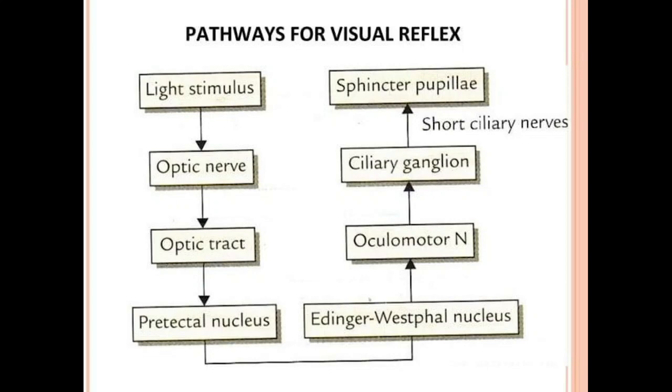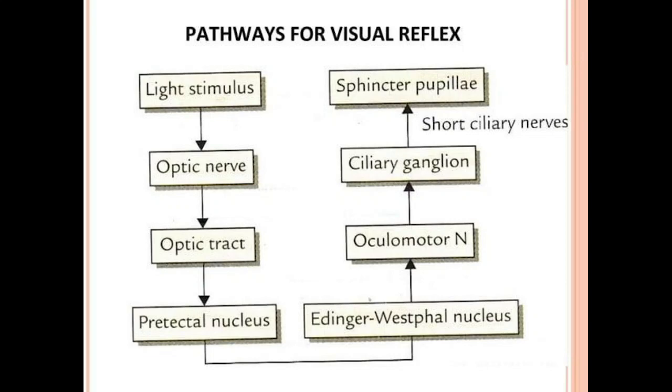Fourthly, some of the information from V1 is transmitted to the pretectal area in the midbrain, which is involved in controlling the pupil size.